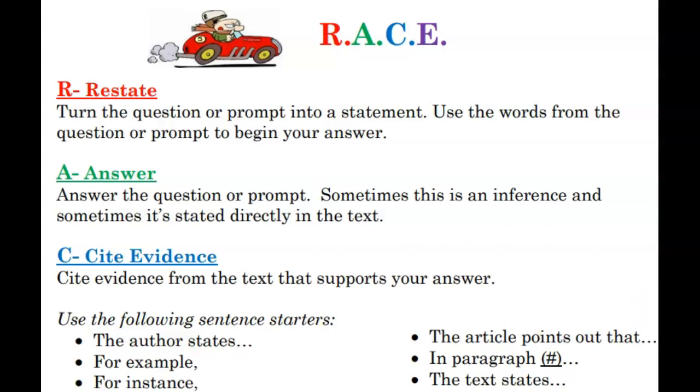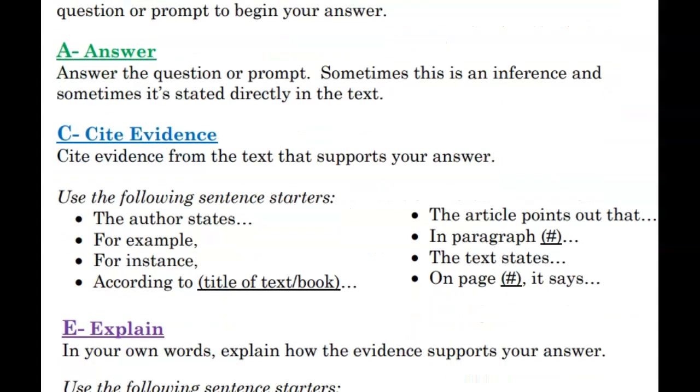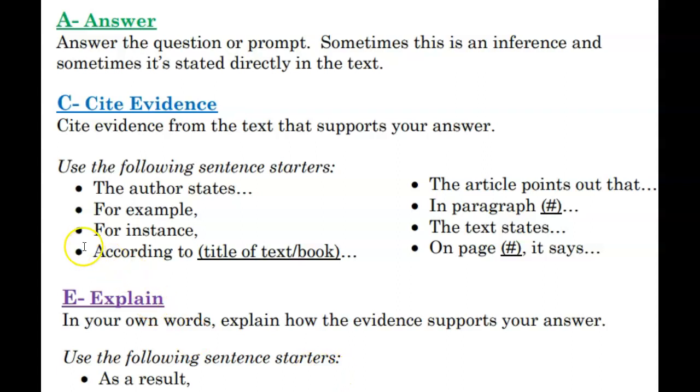Now, let's go and look at the next part. We can also look at according to, and you're going to give the title of the text or book. On page maybe 10, it says. So once again, there are 1, 2, 3, 4, 5, 6, 7, 8 examples of sentence starters.